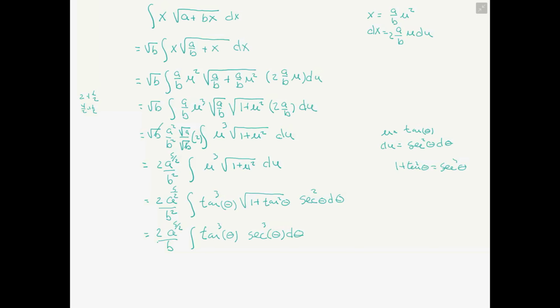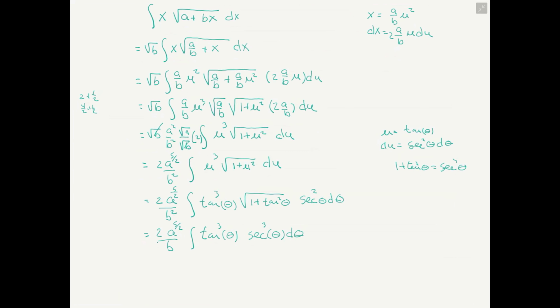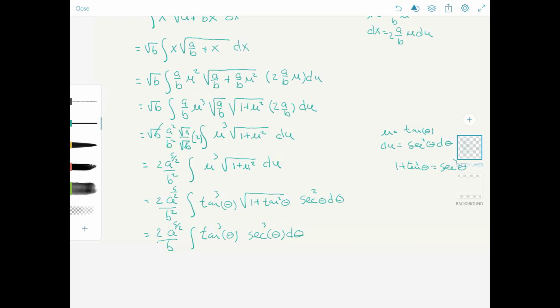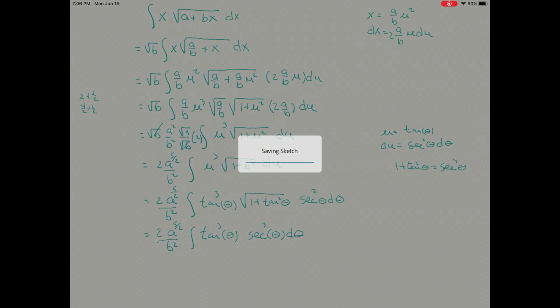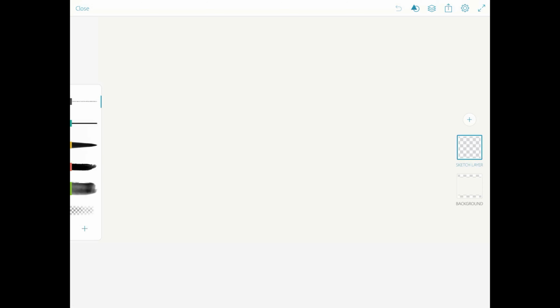So let us take a look at how we might want to approach it. Whoops, this is going to be a square. Can't forget the little details. All right, so we're going to use a new screen.